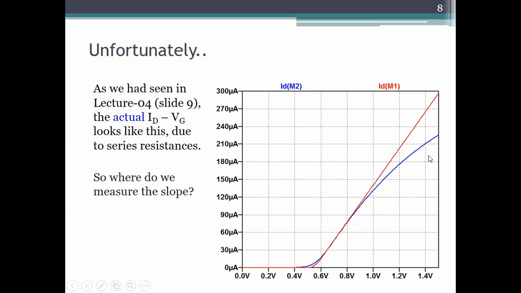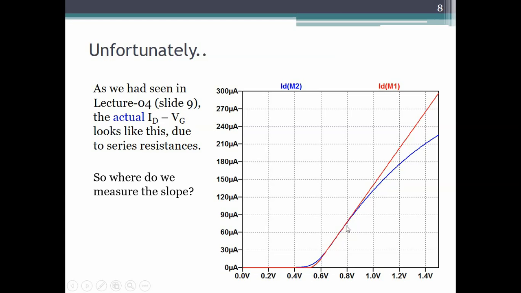So now which slope do we use, or which slope do we measure? As we had seen before, this blue near threshold is due to subthreshold currents, and at a higher gate voltage, the bending over is due to series resistance.